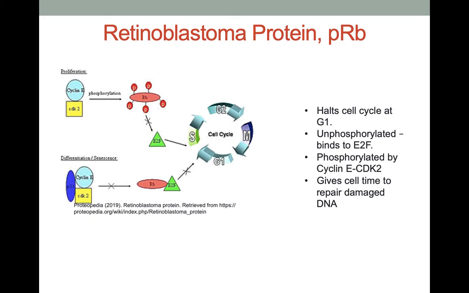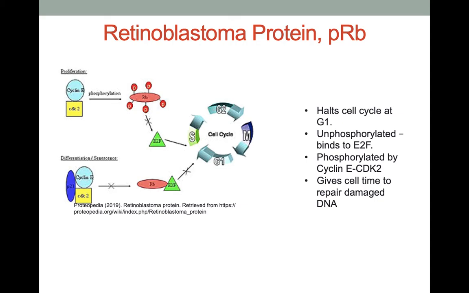It does this when it notices DNA damage. So if we look in proliferation, okay, in senescence, we can see it activates some different things there, depending on what's going on. This protein was first discovered, like I said, in the retinal tumor cells, but it functions in virtually all cells.